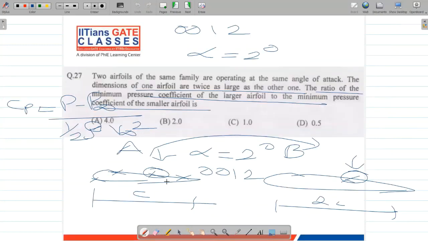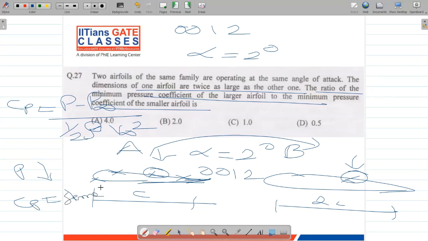Irrespective of the size of the airfoil, the least value of Cp developed will be the same. The only thing is that the location might be a bit different in each case. So the least value of pressure will be different between this and this, but your Cp, which is non-dimensionalized, will be the same.